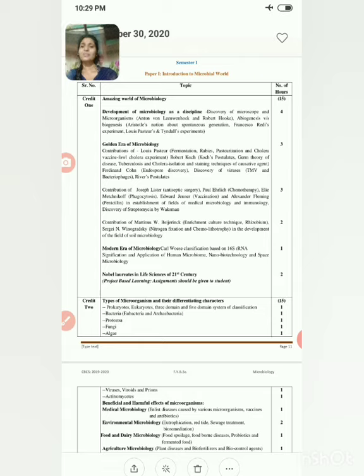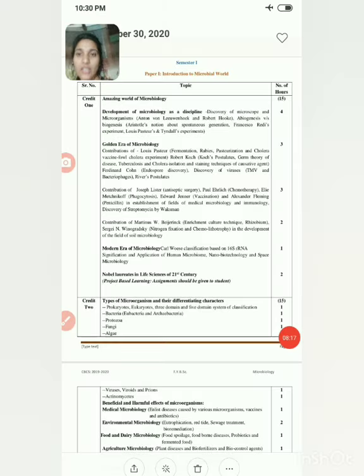Staining is nothing but a dyeing technique, in simple language, to make the microorganisms visible and to study their morphological characteristics. What staining is and the types of staining we are going to study in detail in Part 2 and also during your practical courses.